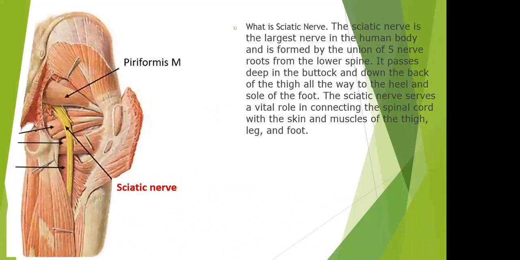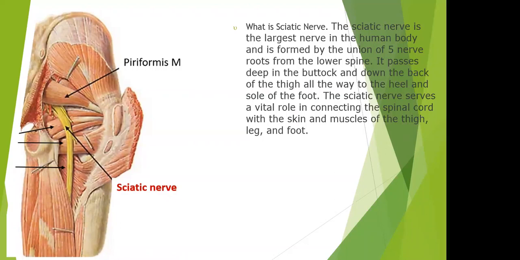Before we talk about the syndrome, I want us to know what is called a sciatic nerve. What do we call a sciatic nerve? Where is it located, and what is its function? A sciatic nerve is the largest nerve in the human body, and it's formed by a union of 5 nerve roots.